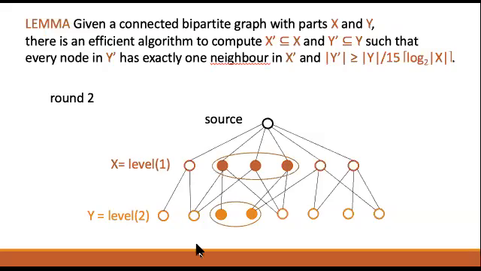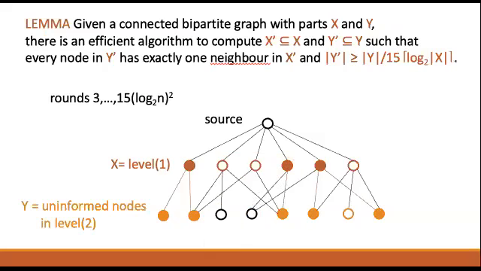The nodes in X prime transmit M in round 2, and the nodes in Y prime are informed. In round 3, we apply the lemma where X is the set of nodes in level 1 and Y is the set of uninformed nodes at level 2. The nodes in the new set X prime transmit M, and the nodes in the new set Y prime become informed. It can be proved that within 15 log squared n rounds, all nodes in level 2 are informed.